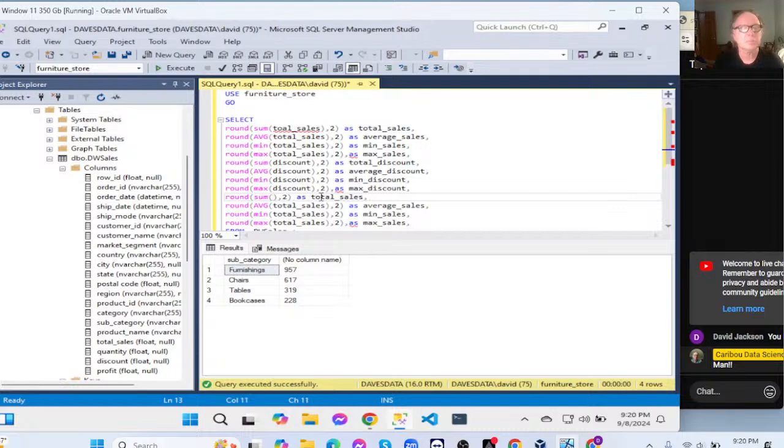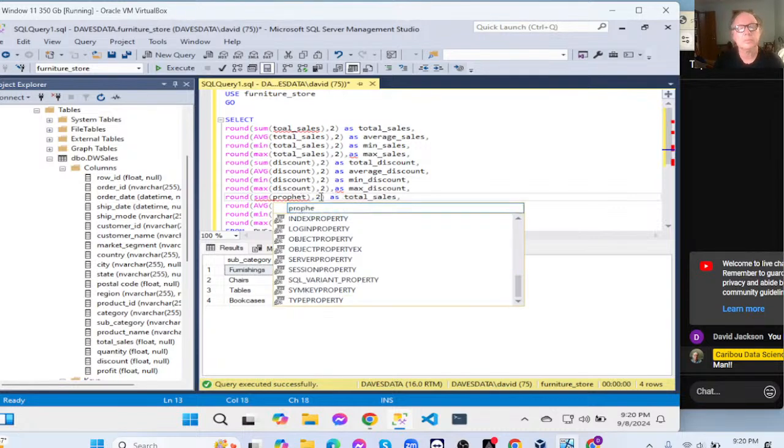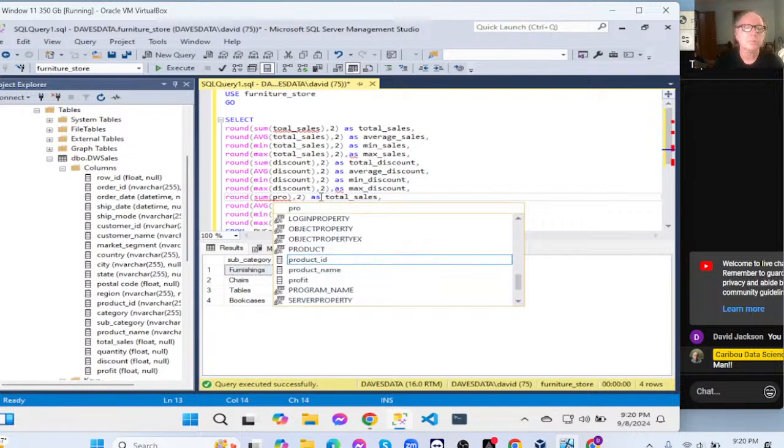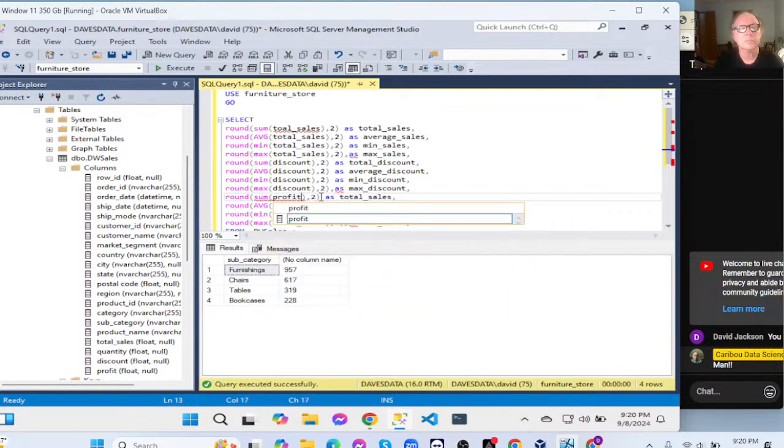Now we can of course take this and do a group by at the top. So we can do a group by for say, a market segment.